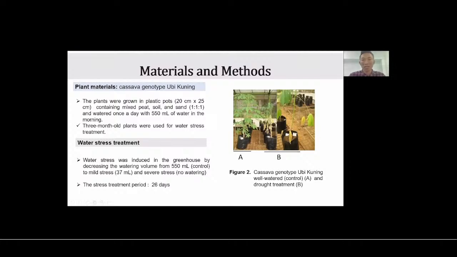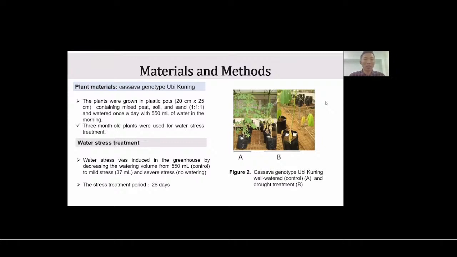Third slide, materials and plant material. Cassava genotype Ubi Kuning. The plant was grown in plastic pots, 20 cm to 25 cm, containing mixed field soil and sand, 1:1, and watered once a day with 550 milliliters of water in the morning. Three-month-old plants were used for the water stress treatment.